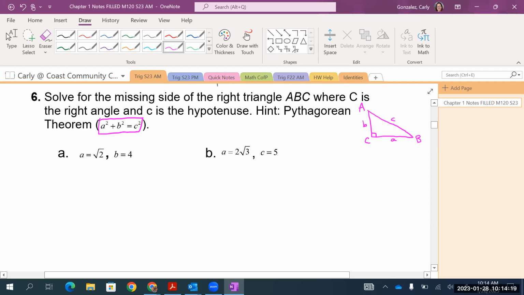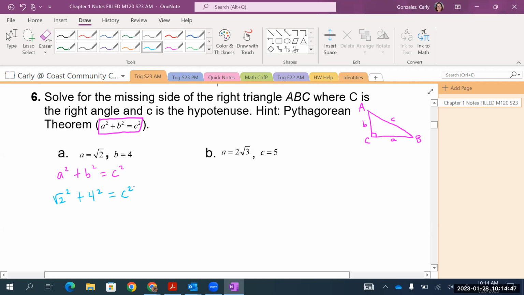So let's go ahead and apply this. We can use this a squared plus b squared equals c squared, but we're going to plug in a is radical 2, then we need to square it. B is 4, we need to square it. And then it's going to equal c squared.